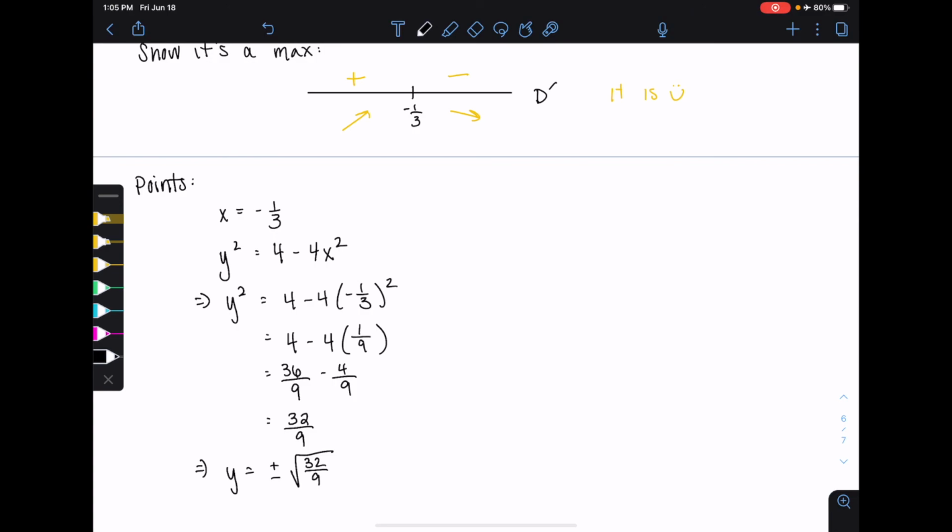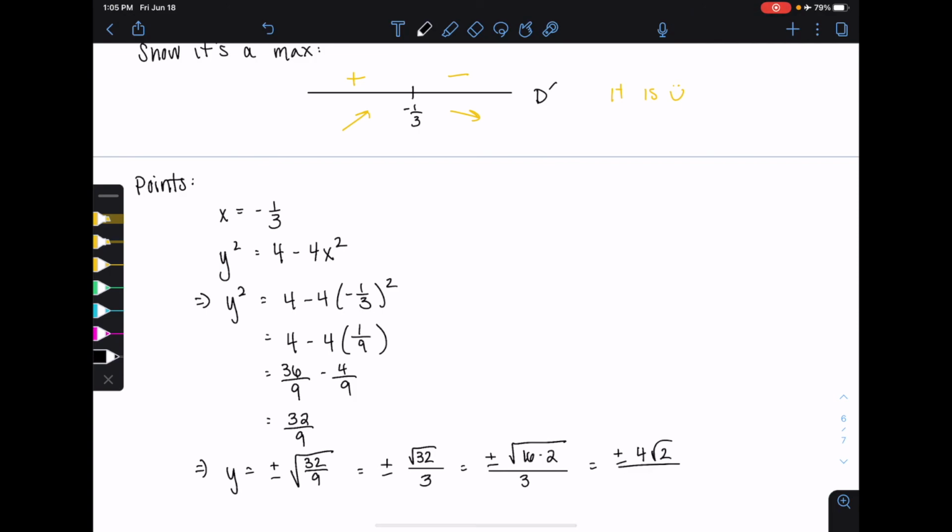But remember, we get plus or minus. You can take the square root of each individually. So you get root 32 up top, 3 in the bottom. And if you do want to simplify that or need to rationalize it, you can write 32 as 4 times 8, but that can be simplified more: 16 times 2. And then the square root of 16 is 4.